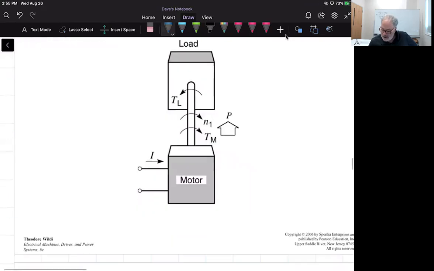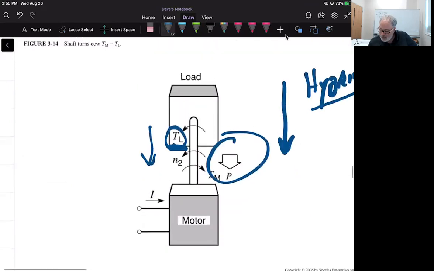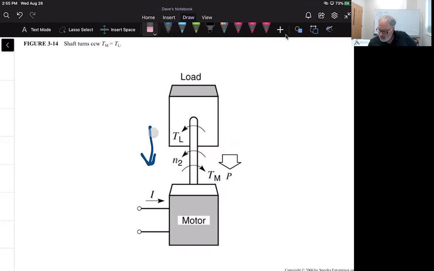And we can see that in figure 3.14, this different situation. And we can see the power flow here, and the power is actually flowing from the load back to the motor.